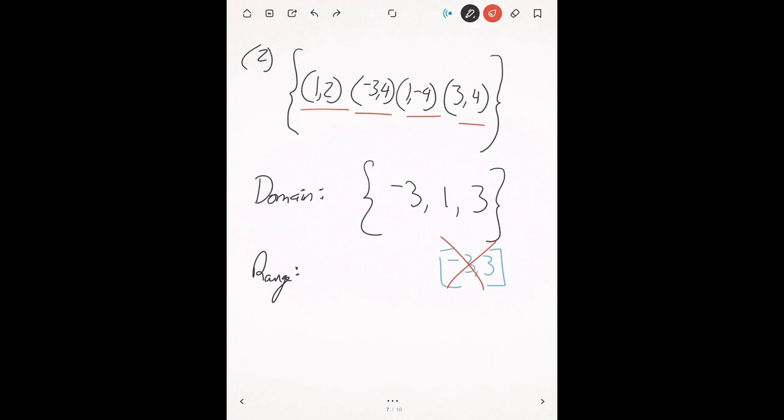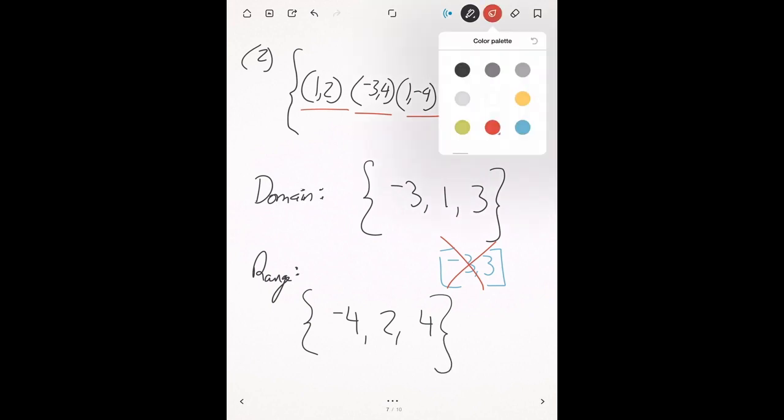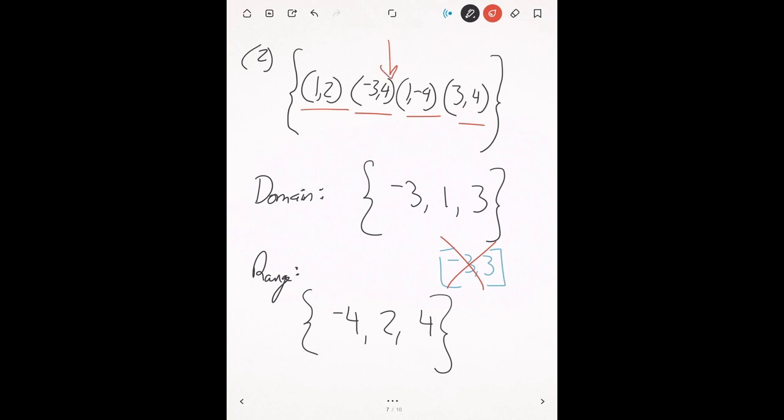So let's take a look at the range then. Let's make a set of all y values. So I'm seeing here -4, I see 2, and a 4. That's a terrible brace. Okay. And again, you might notice, wait a minute, Linford, we have a 4 right here and a 4 right here, but you only listed it once. Again, we don't double list elements. Don't worry about that. Just write each thing only once.